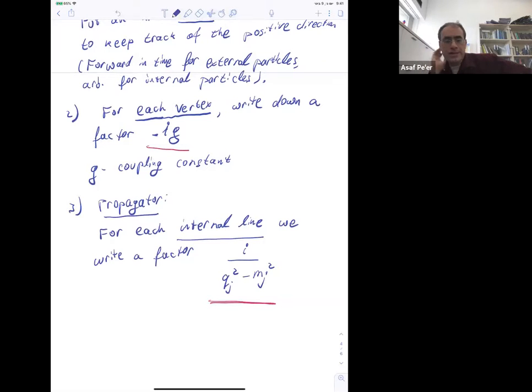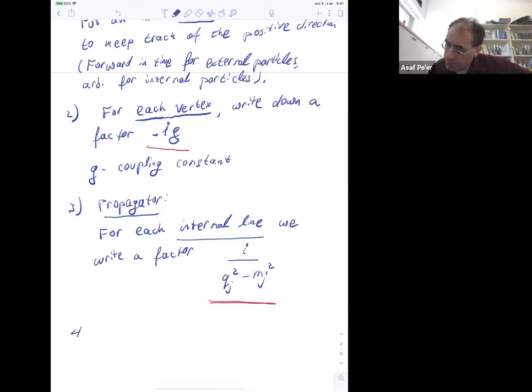Remember, Qj is the four-momentum of the line, Mj is the mass of the internal particle. In general the particle is virtual, so Qj squared is different from Mj squared. It's not a real particle, it's off the mass shell, so we don't have trouble writing it down.